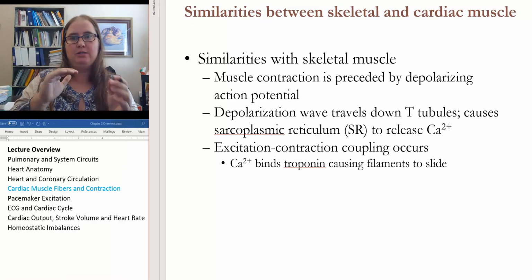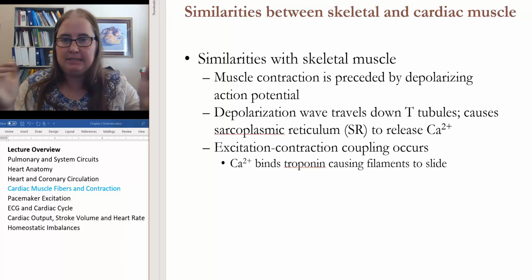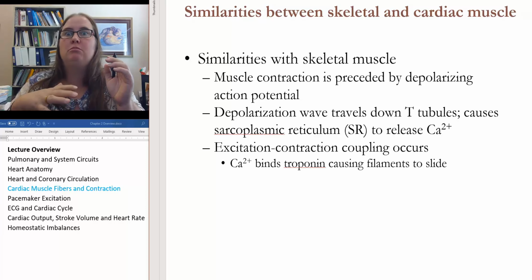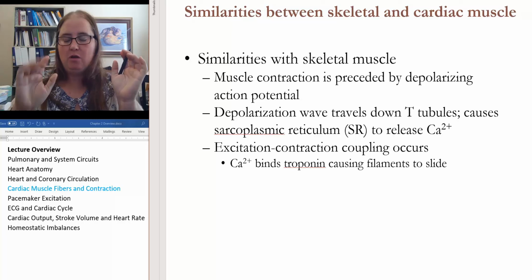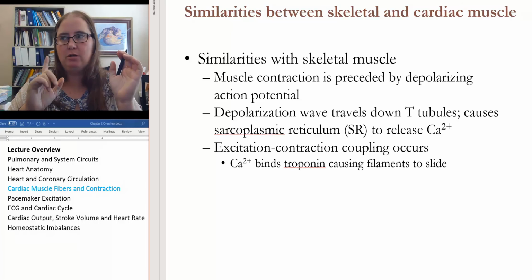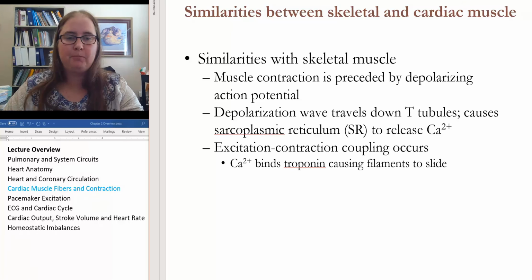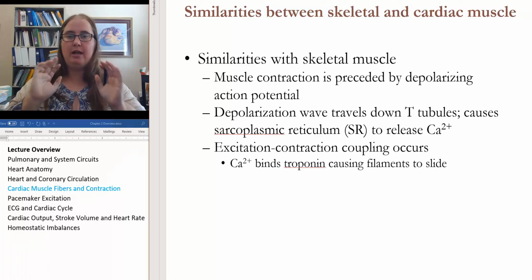We get our cross-bridge cycle. Oh my God. Sliding filament model, contraction. Awesome. Okay? All the same. If you aren't sure what I'm talking about, make sure you go back to chapter, I believe it's 8, or the skeletal chapter, and there's a really nice picture of that process. Okay? That's all the same. Skeletal and cardiac, identical.